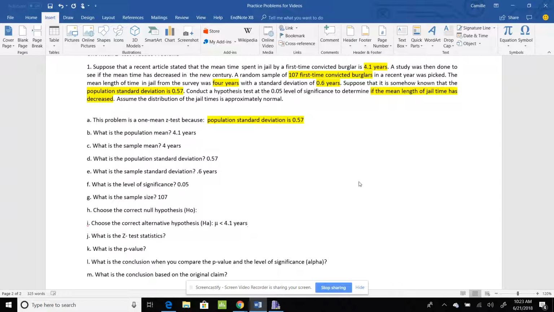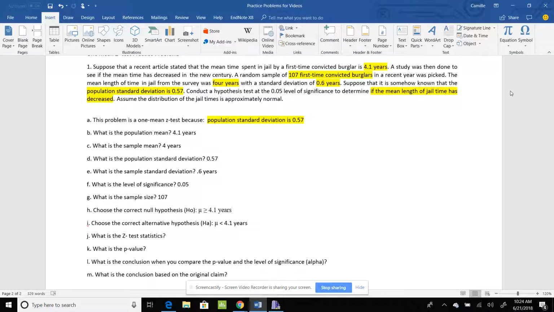I'm just trying to compare the sample to the population. The reverse of that is the mean is greater than or equal to 4.1 years. So basically I accounted for everything that could happen. It could be less than, it could be equal to, or it could be greater. Remember, that's the crux of what we're doing in hypothesis testing. We're comparing that sample to that population.